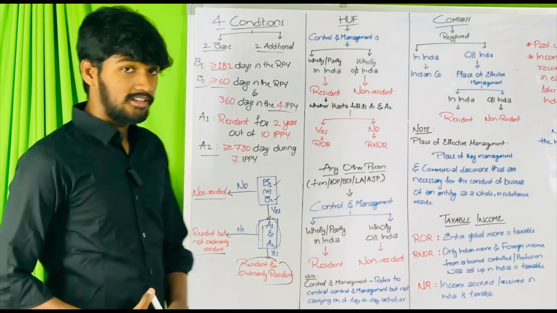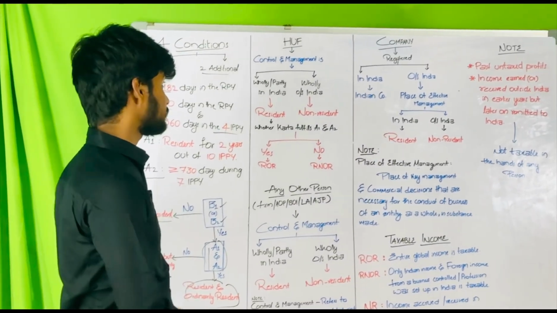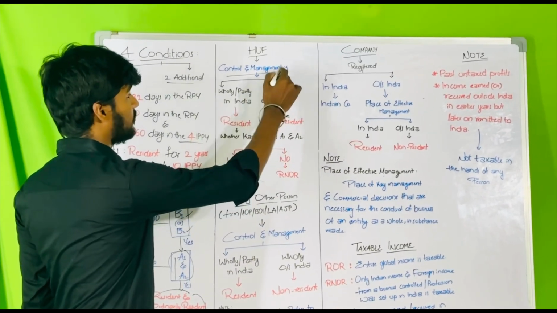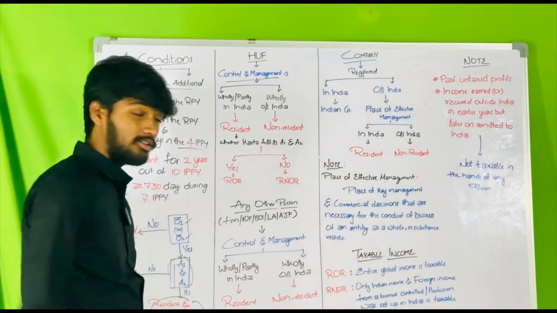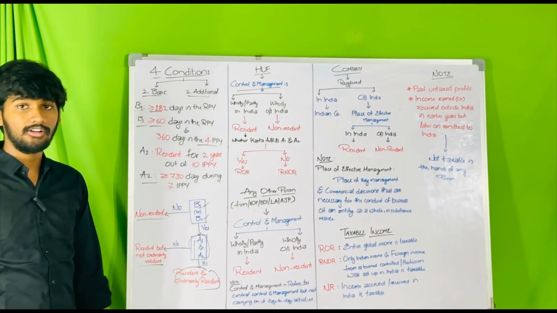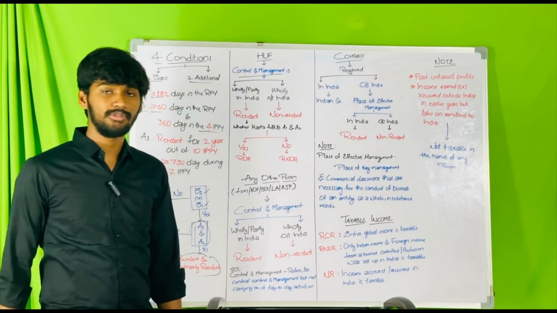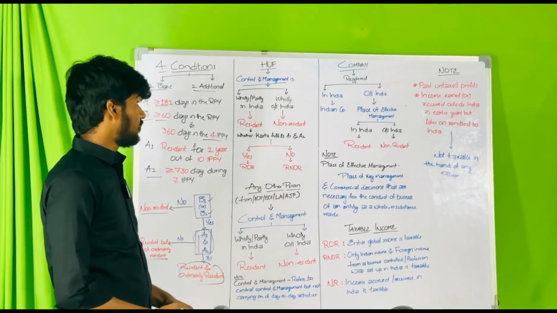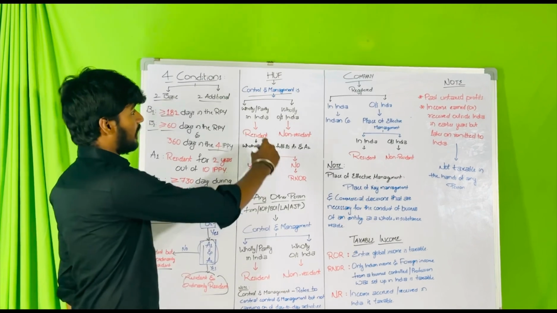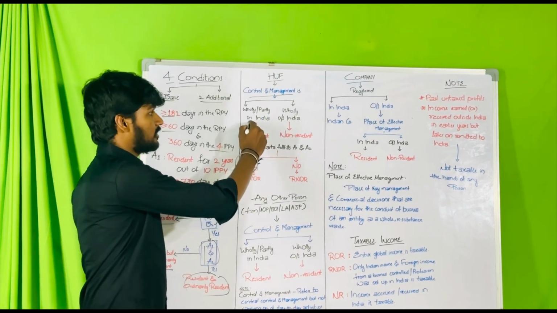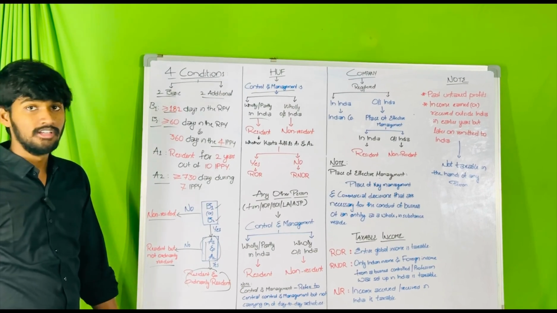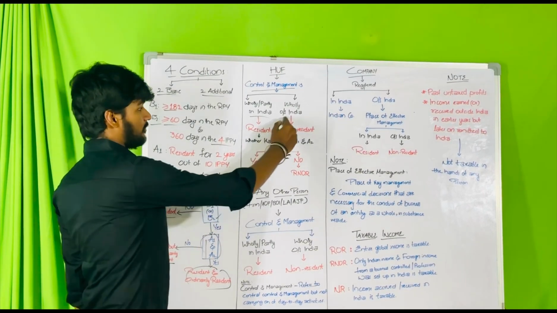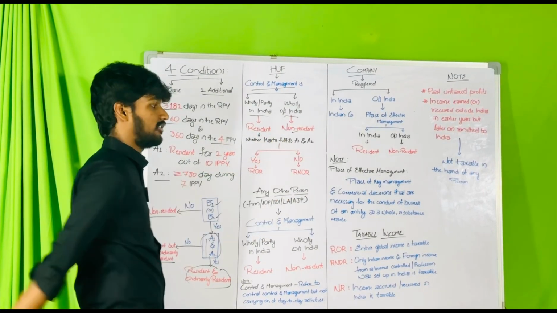And coming to the residential status of HUF, we have to check the control and management. Control and management refers to the central control and management, but not to day-to-day activities of the business and its functions. If the control and management is partly or wholly in India, then it is considered to be resident. If it is only outside India, then it is considered to be non-resident.